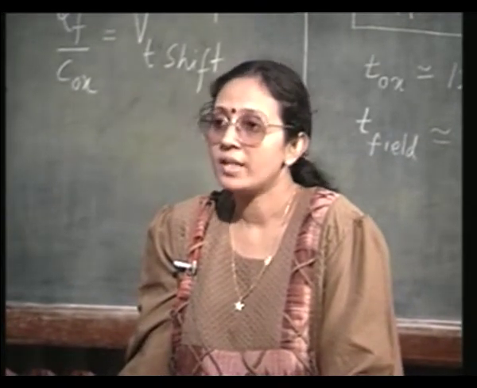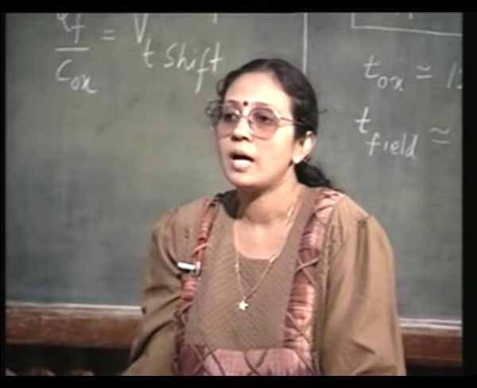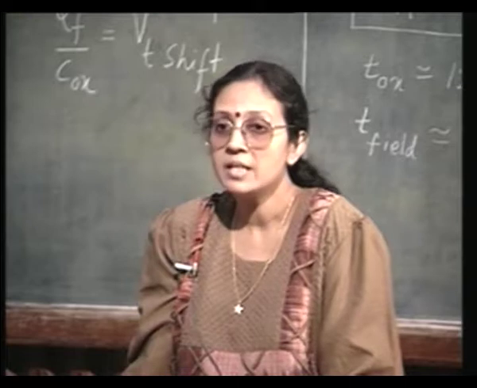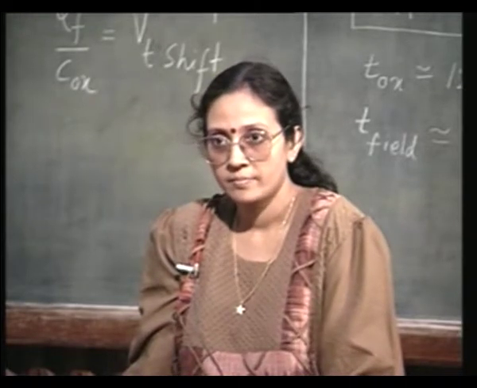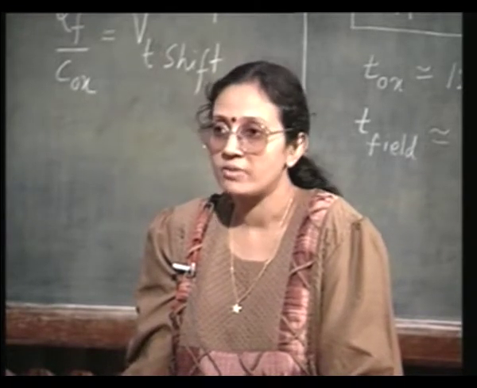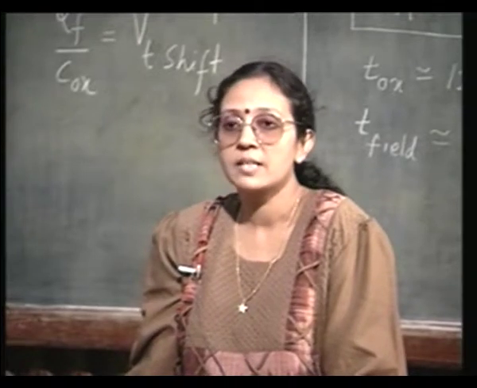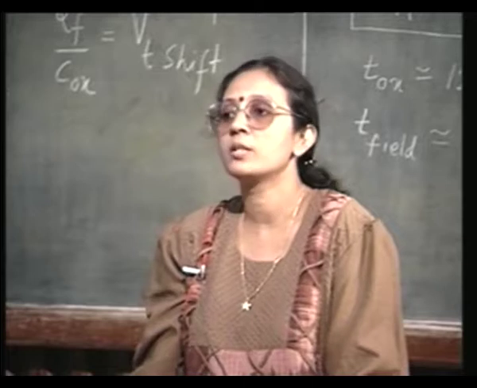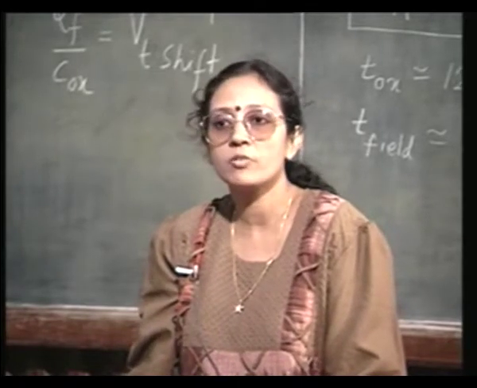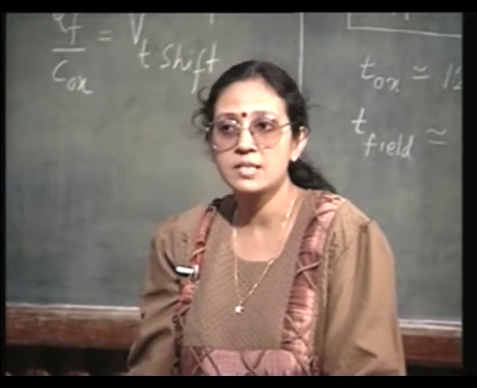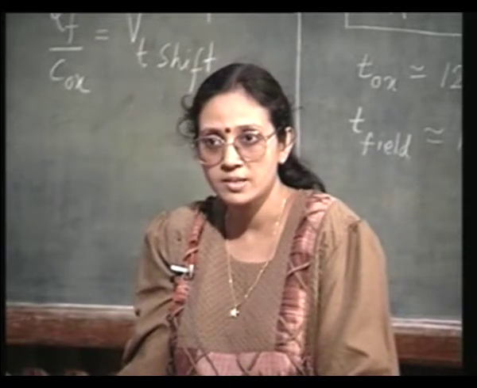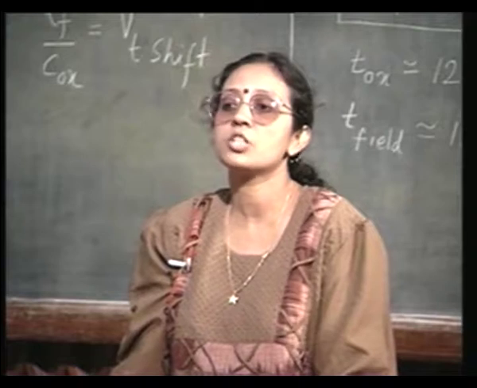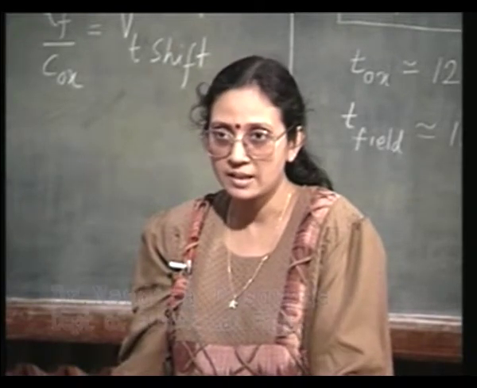So, effectively what do you have? You have a thin sheet of negative charge at the interface. What is its effect? Exactly in the direction opposite to that of QF. In case of QF, what did you have? You had a thin sheet of positive charge sitting at the semiconductor oxide interface. Now, you are combating that effect by putting a thin sheet of negative charge at the interface.